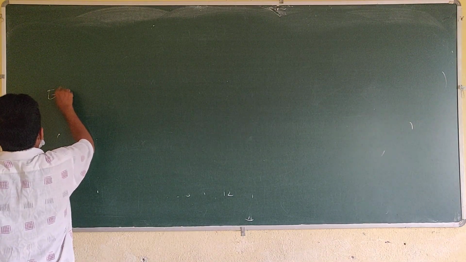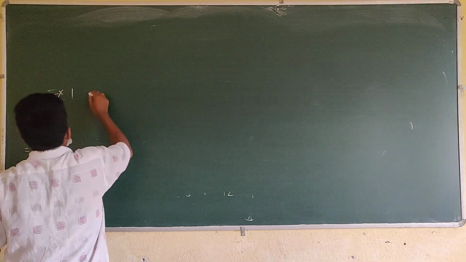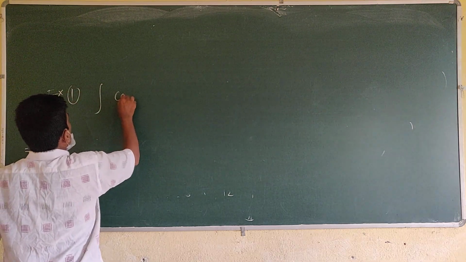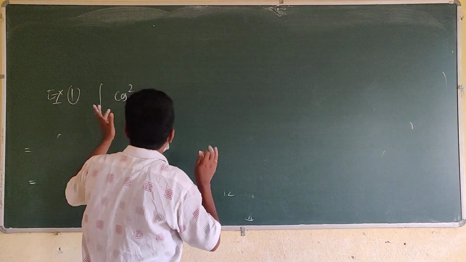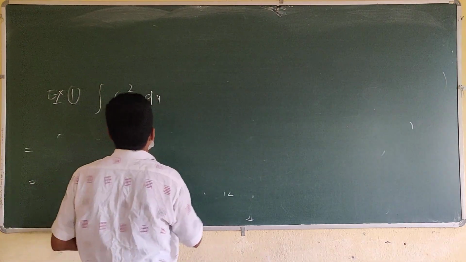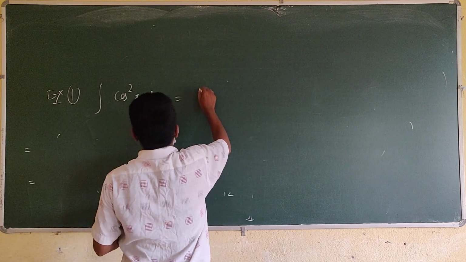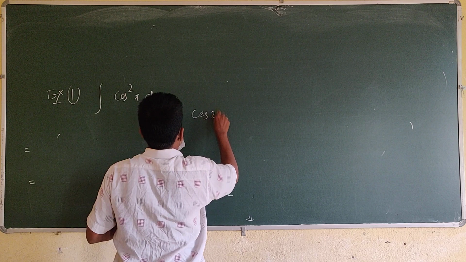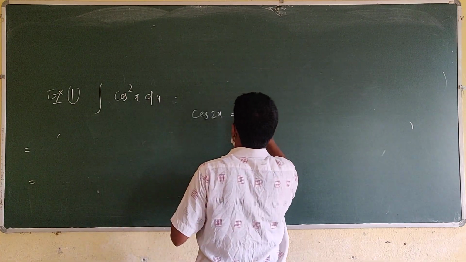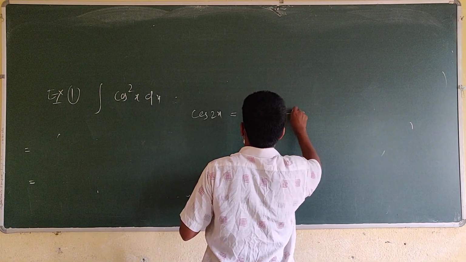Example 1, taking even power, that is cos square x dx. 2 is an even power of cos, so how can I solve this problem? You know cos 2x is equal to 2 cos square x minus 1.